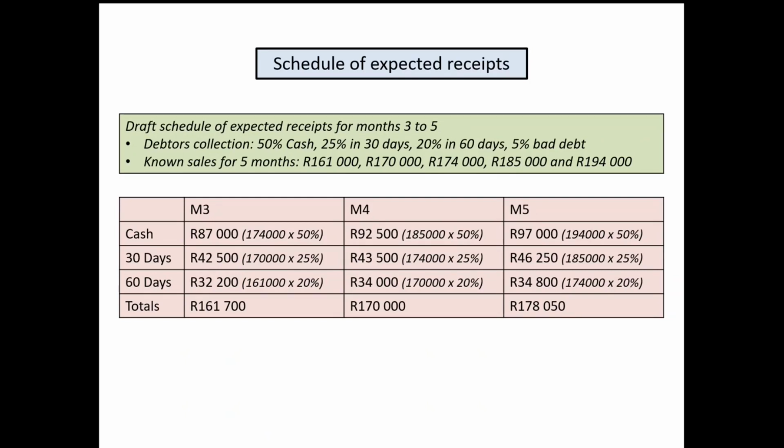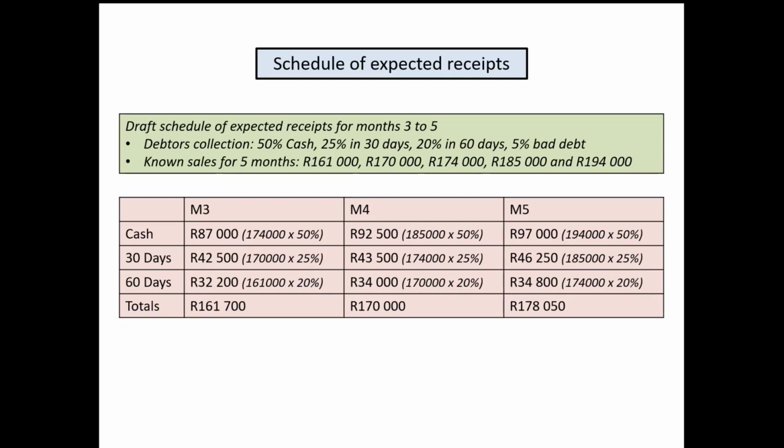Right? And that is then the 32,200 that you have in that first column. And then we add them up to see that in month 3, we are going to receive cash payments to the tune of 161,700 rand.